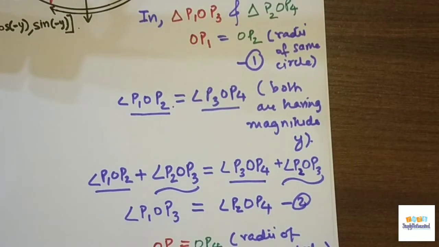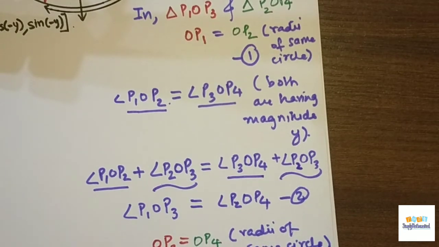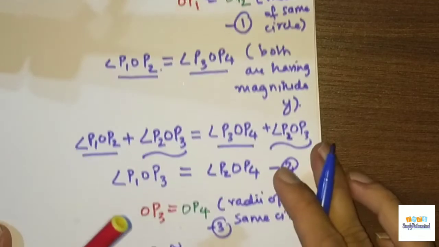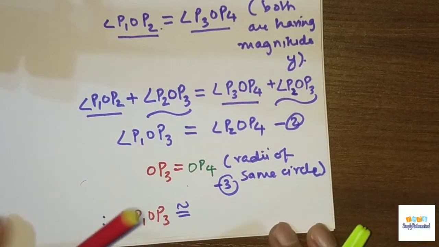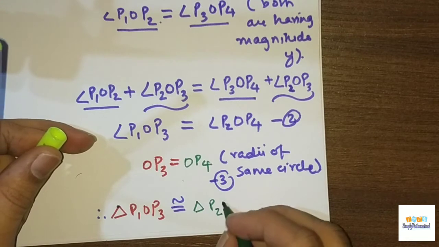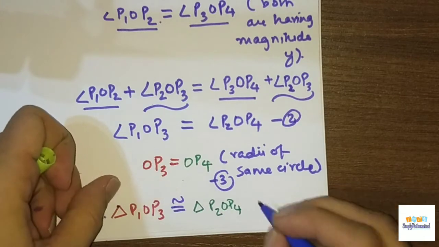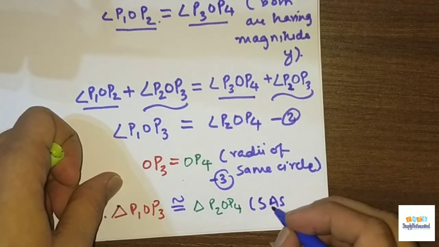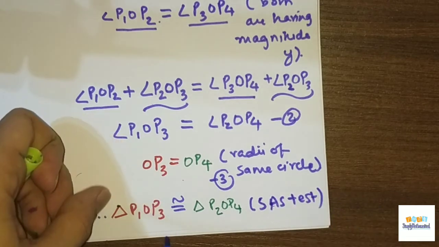So therefore what you get is triangle P1OP3 is congruent to triangle P2OP4, by the SAS test of congruence.